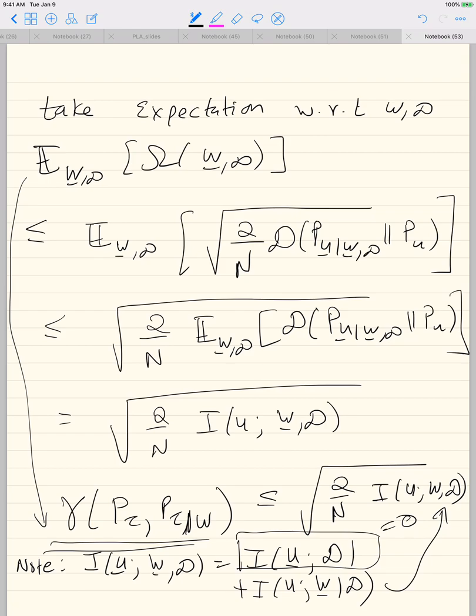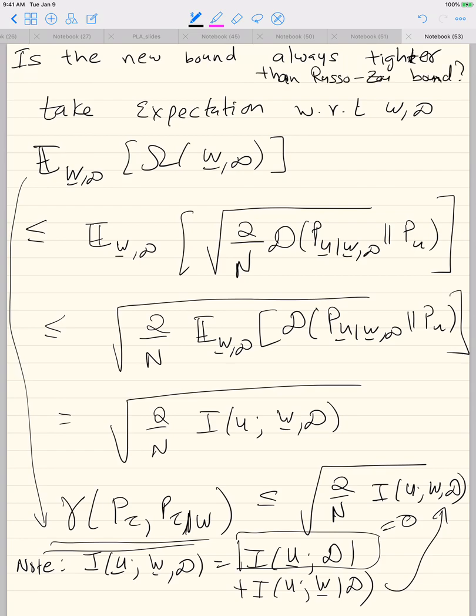Can we say that the new bound is always tighter than the Rousseau-Zhu bound? We don't know yet. At least the authors don't discuss it, and I could not immediately prove it. So that's something to explore.